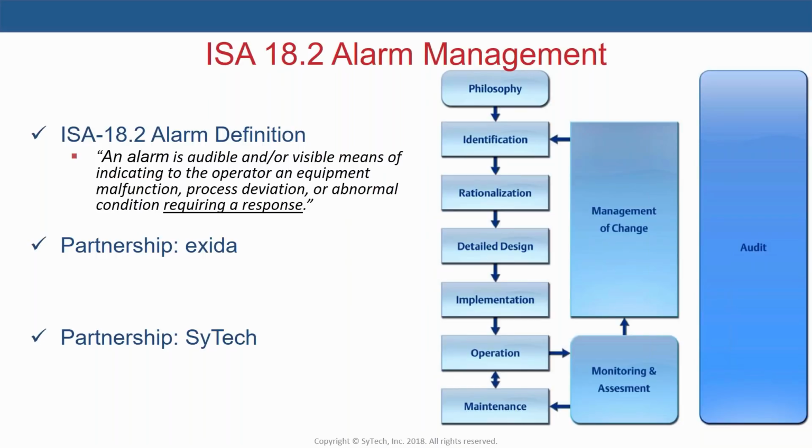So part of our goal in monitoring and assessment is to evaluate whether the alarms are meeting this ideal definition. And if they are not, then we take them through a process called alarm rationalization, where we have a methodology for truly assessing whether the alarms meet this criteria or not.